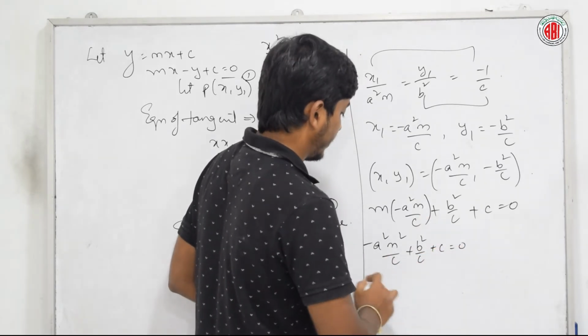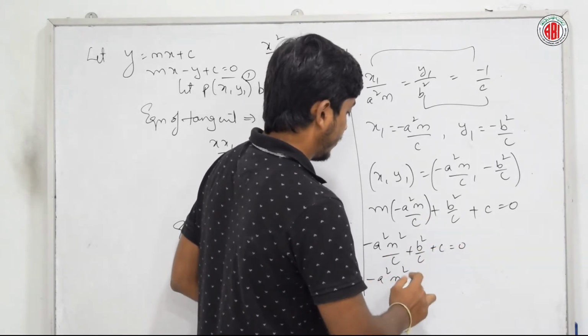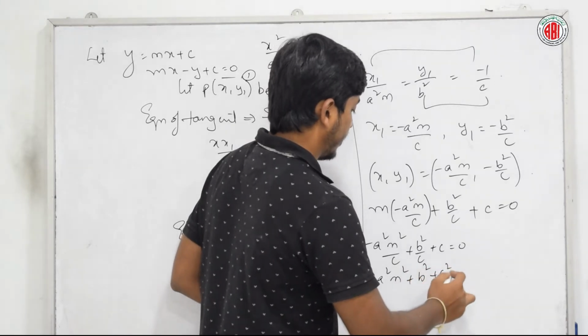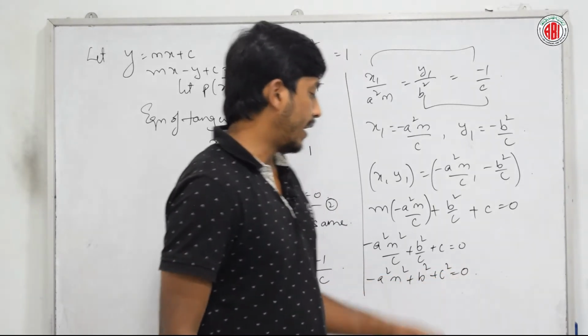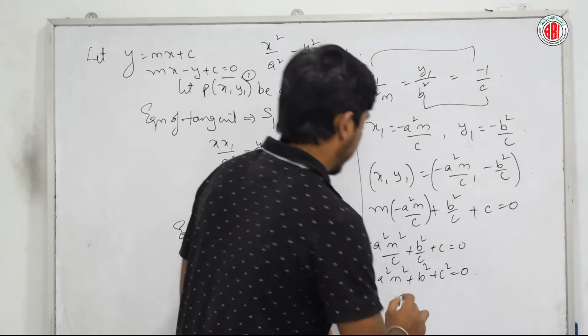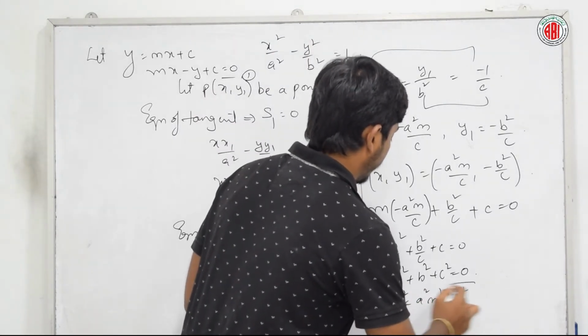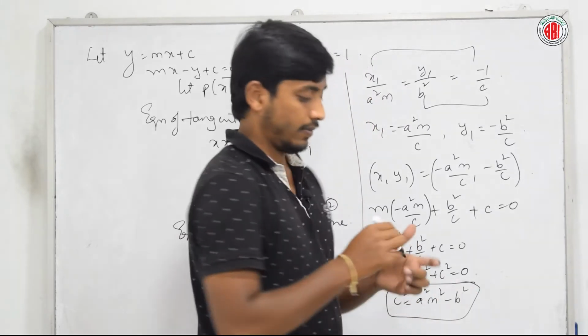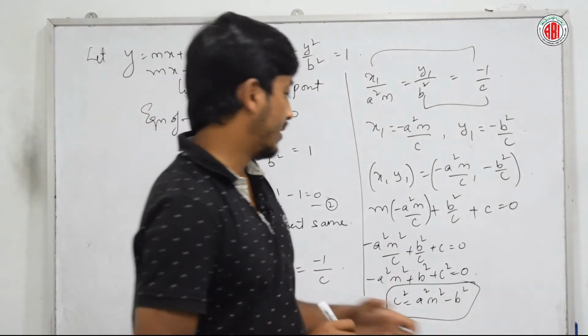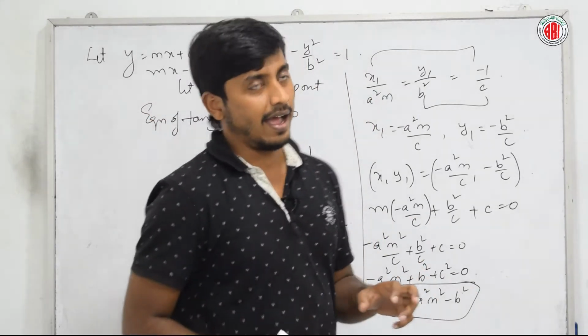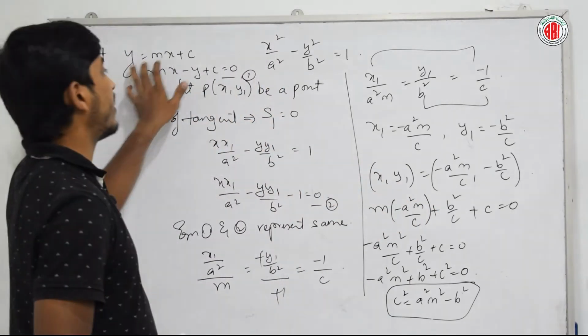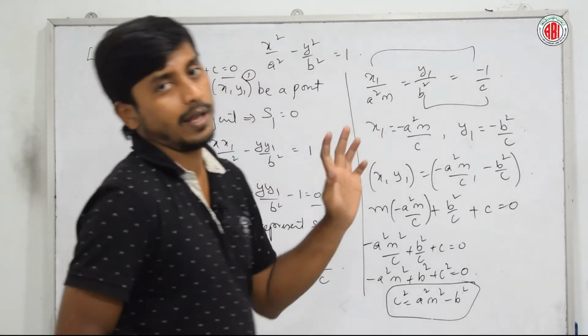If I take LCM as c, this will be minus a square m square plus b square plus c square is equal to 0. So can I write this as c square is equal to a square m square minus b square? Yes. So this is the condition that this equation is a tangent to this hyperbola.